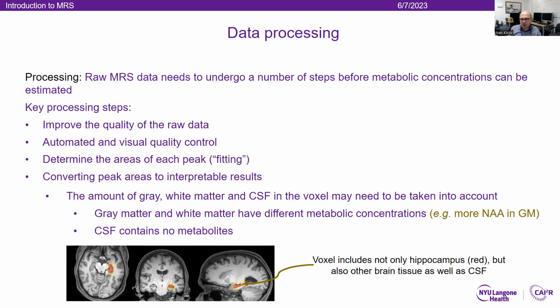The tissue inside it has higher NAA concentrations. So you need to account for CSF to get to this conclusion. By the way, for ratios, you don't need to account for CSF because that cancels out in the ratio.